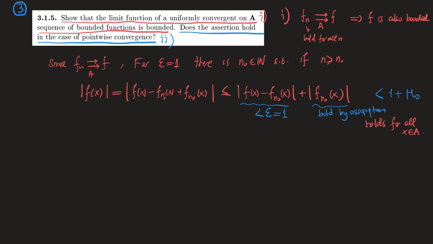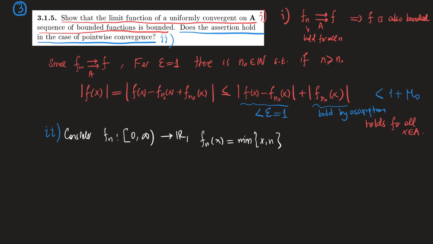For the second part, the answer is negative, I guess, because consider the following. This example is classical, but a bit weird at first sight. Consider f_n defined on the interval [0, infinity) such that f_n(x) is the minimum of x and n.